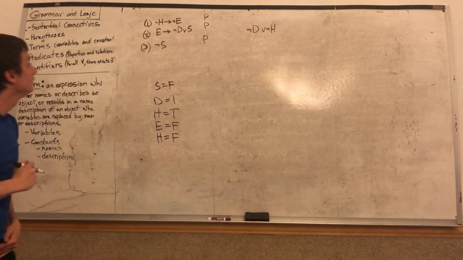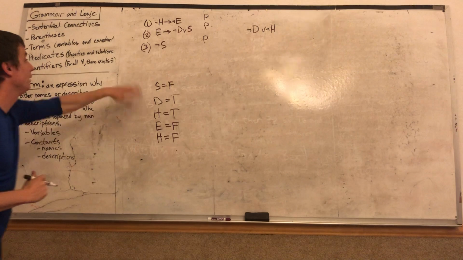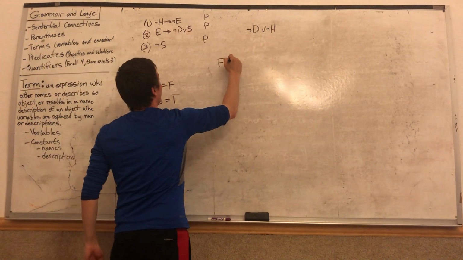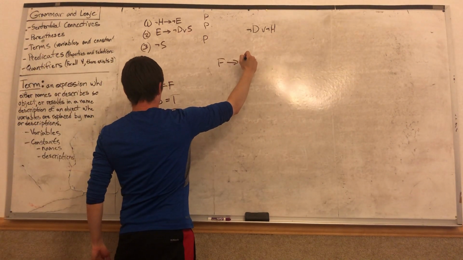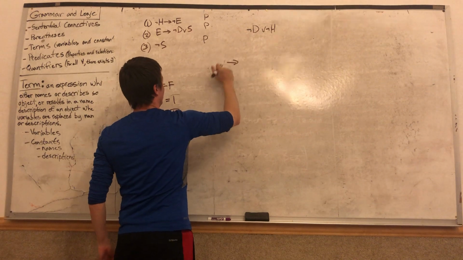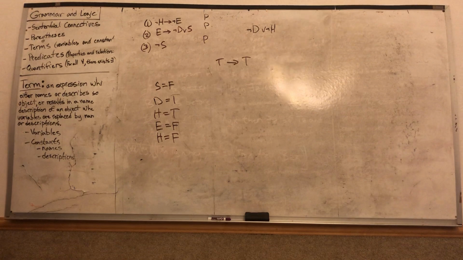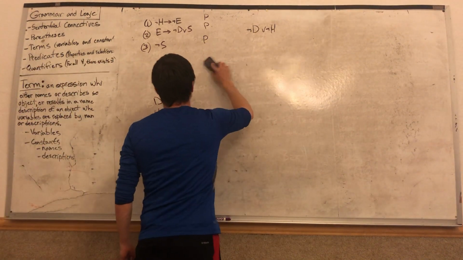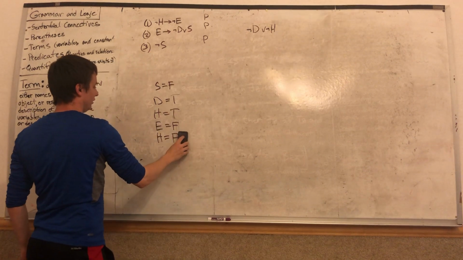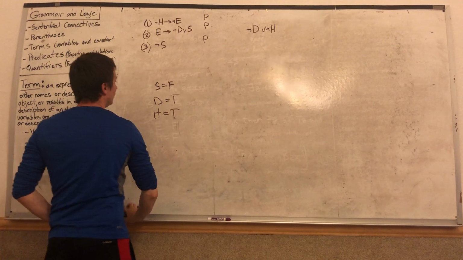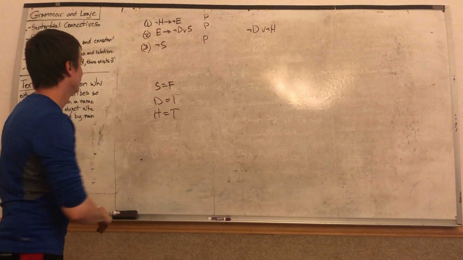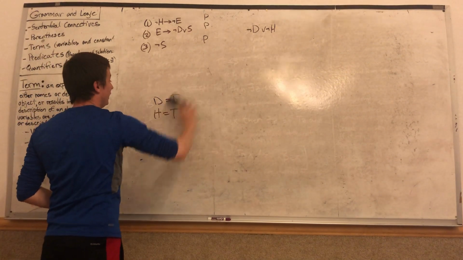Right, we already used H. So let's go back. We want H to be true, so that not H is false.